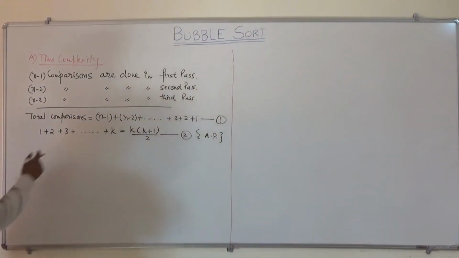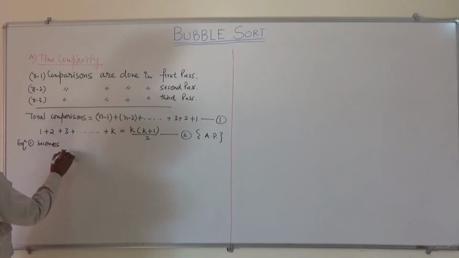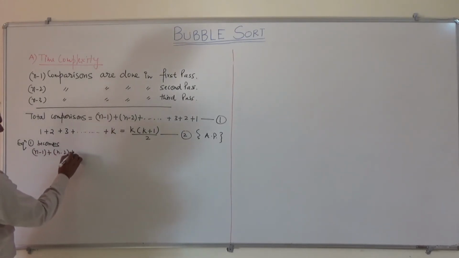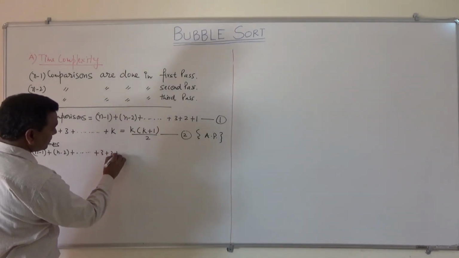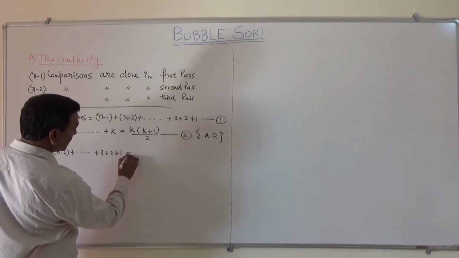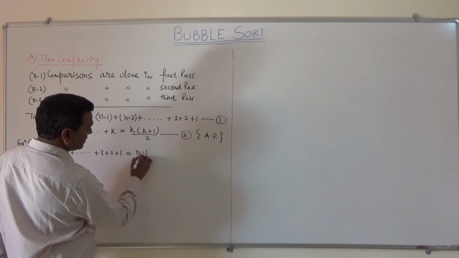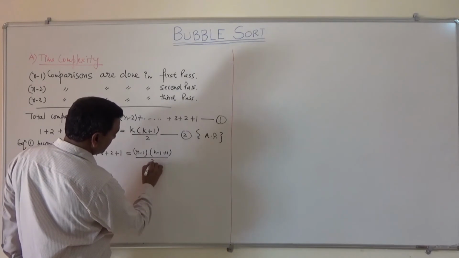So equation 1 becomes n minus 1 plus n minus 2 plus and so on plus 3 plus 2 plus 1 equals, we will put k equals n minus 1, n minus 1 plus 1 upon 2.